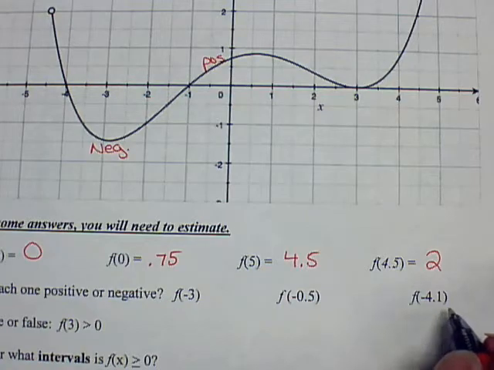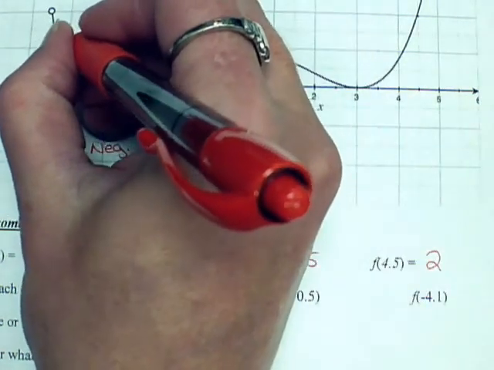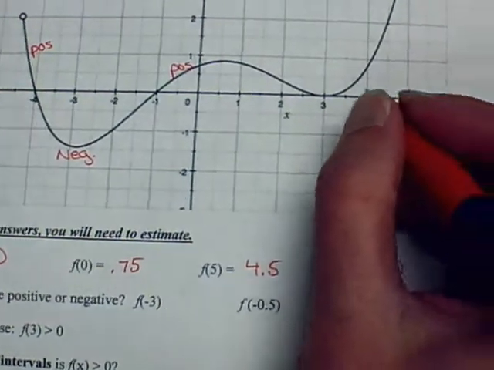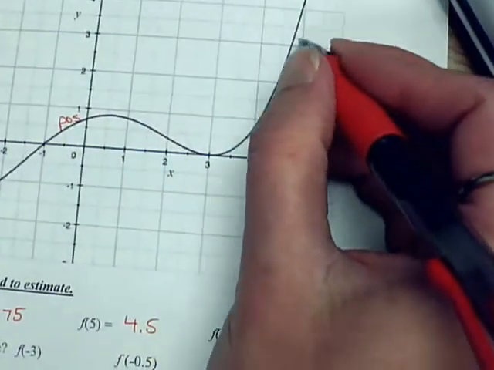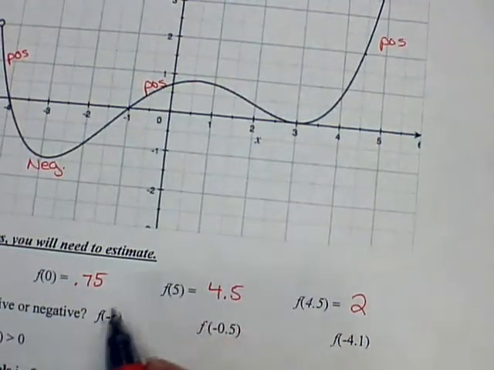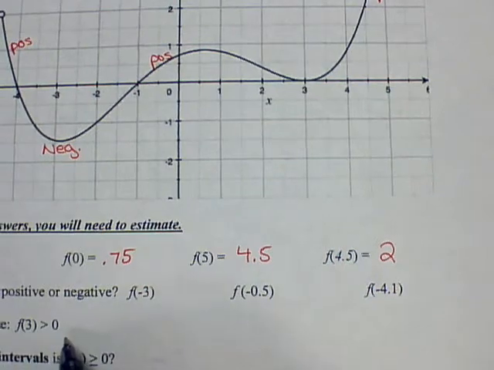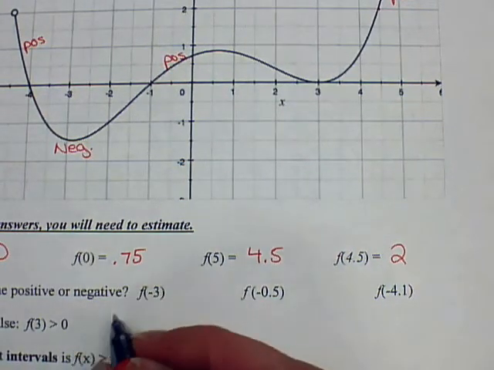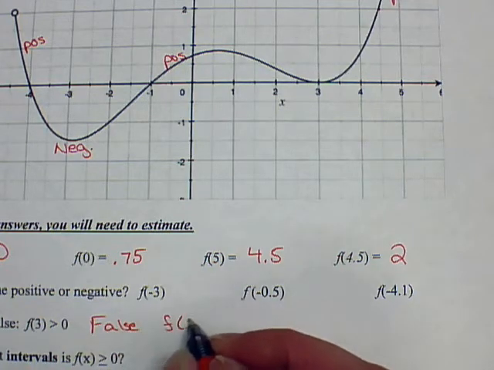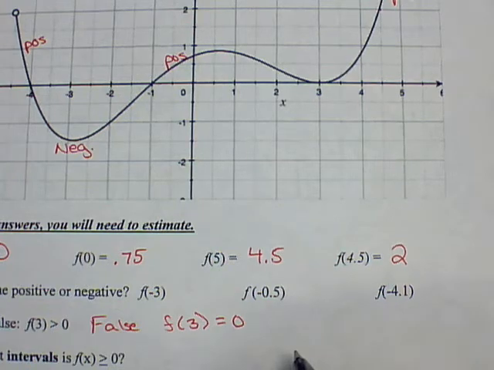Negative 4.1. The graph here is positive. What about over here? These are positives as well. What about f of 3? Is f of 3 greater than 0? No, that's false. F of 3 equals 0.